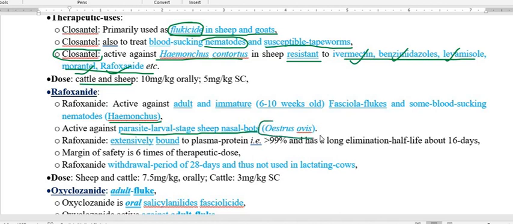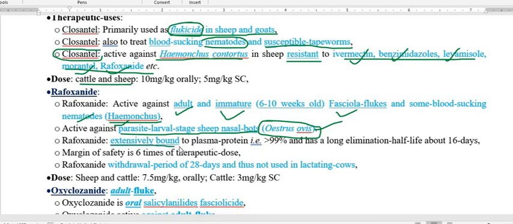So this is important for rafoxanide. Not only acting against the adult and immature Fasciola flukes, it is also acting against blood-sucking nematodes like Haemonchus, and also against the larval stage of the sheep nasal bot, Oestrus ovis.